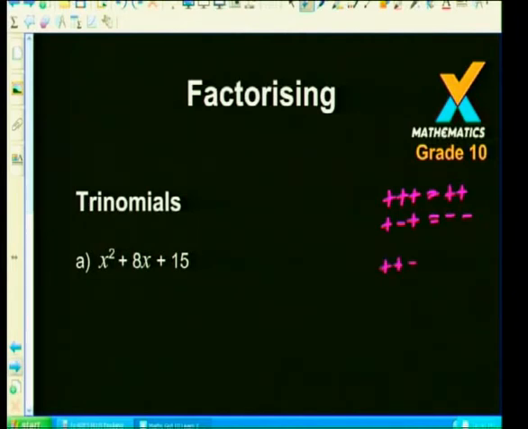Plus, plus, minus, my biggest factor gets the plus, and a plus, minus, minus, my biggest factor gets the minus.